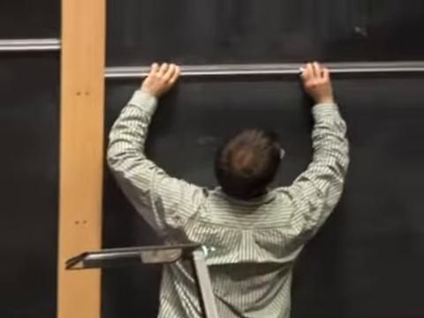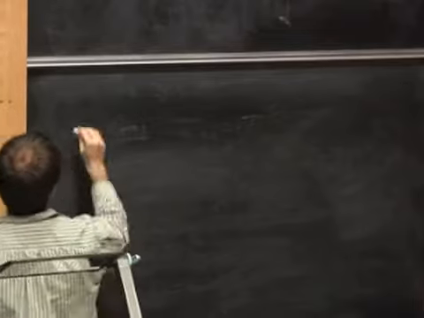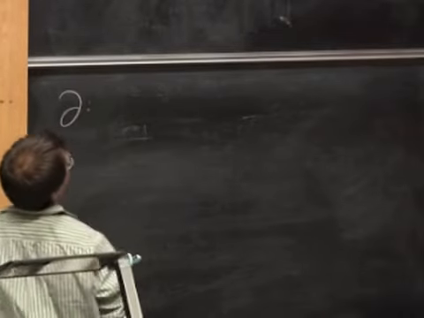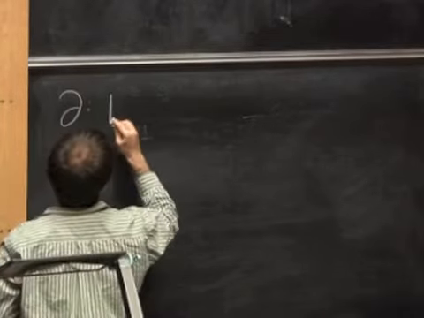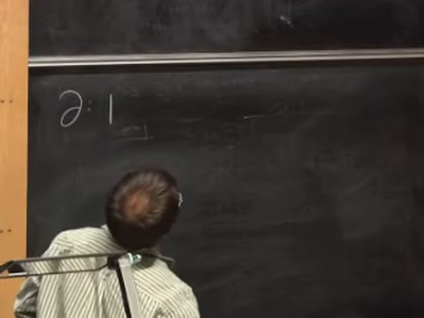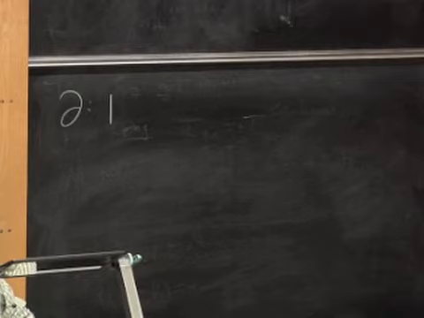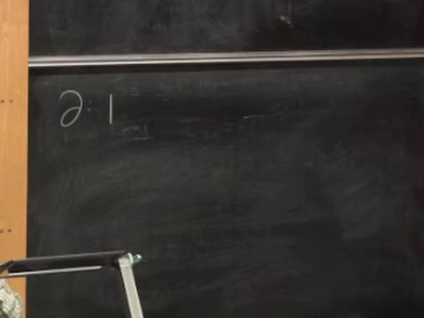The first thing to do is to note that I have this boundary operator from, well, I have it with Z, but I could do it with R.